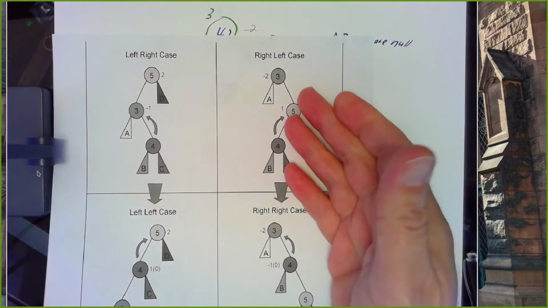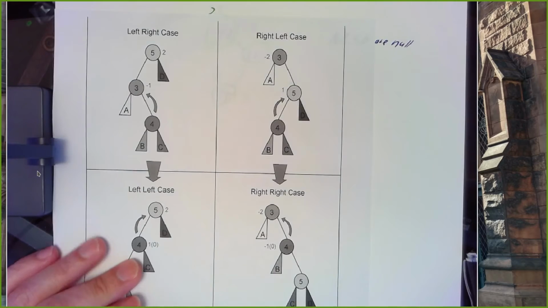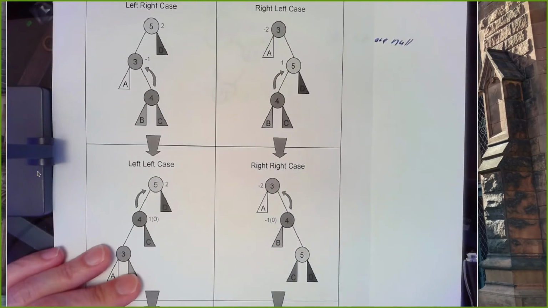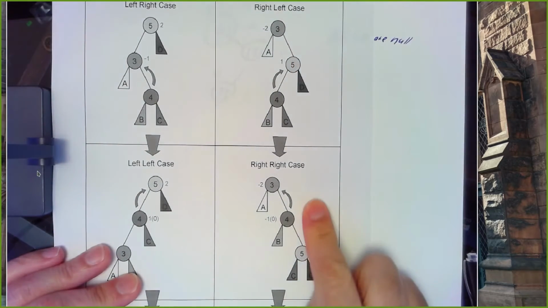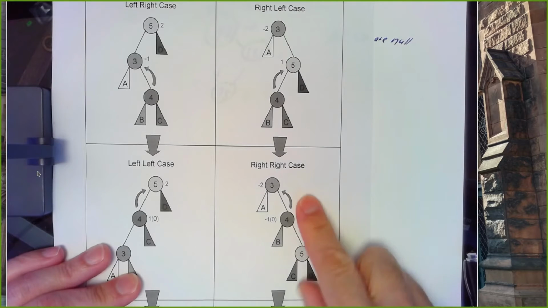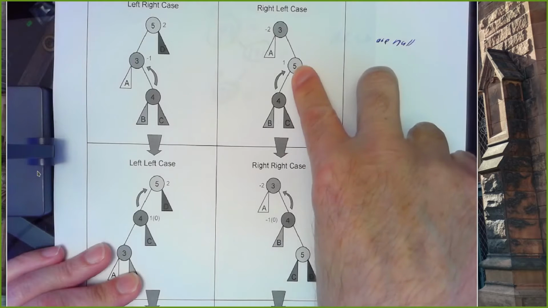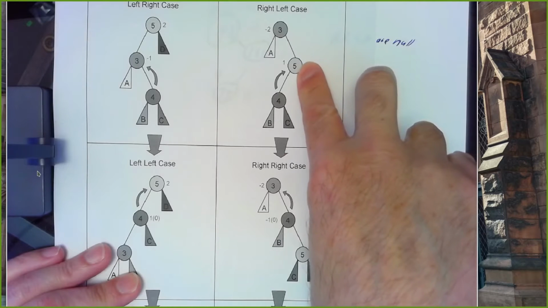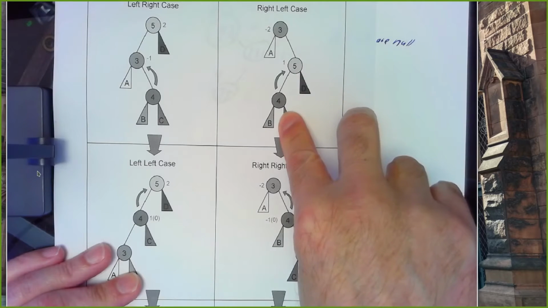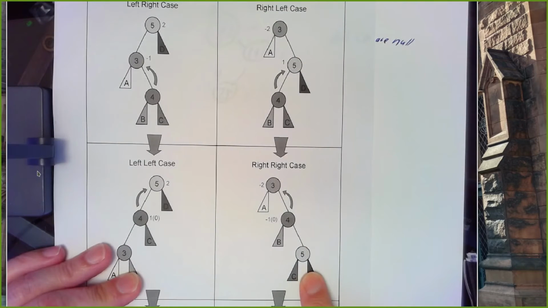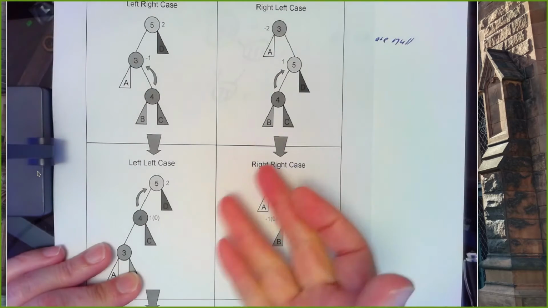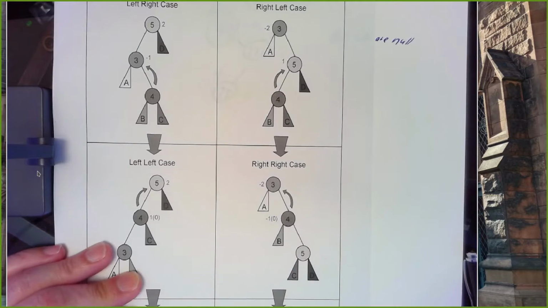And now we're just going to apply what this picture of the algorithm says. To go from the right-left case to the right-right case, we basically swap 4 and 5. Right? We're going to move 4 to be the right child of 3, and we're going to move 5 to be the right child of 4. And we don't have any subtrees A, B, C, or D, so we don't have to worry about those.